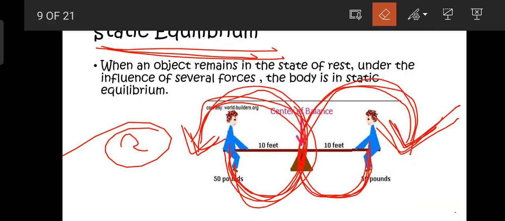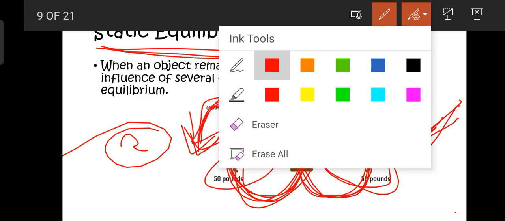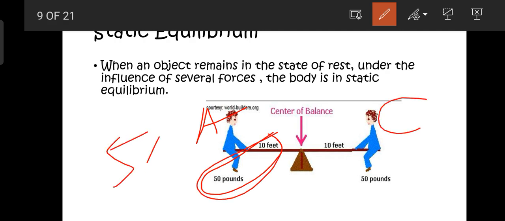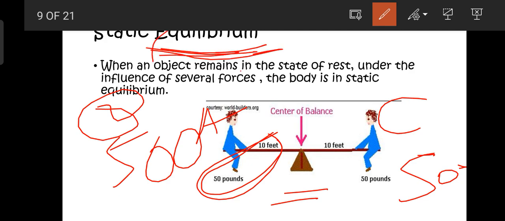This side is clockwise, this side is anti-clockwise, and the sum is 500 and here also 500, so they are equal. This is the second condition of equilibrium.